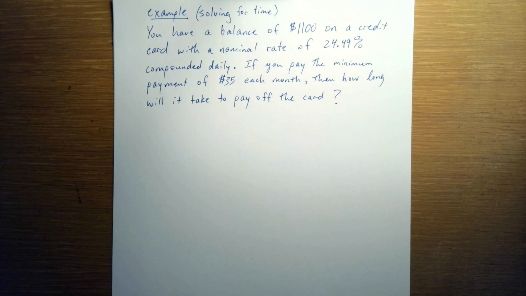And so for this, we use our present value formula because this is a payout annuity. We start with a chunk of money, it accrues compound interest, we make regular payments, and the balance eventually gets to zero.